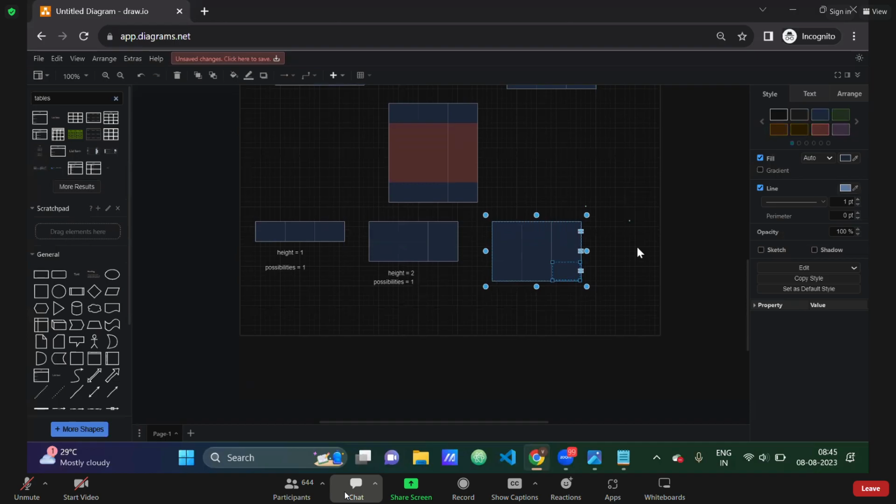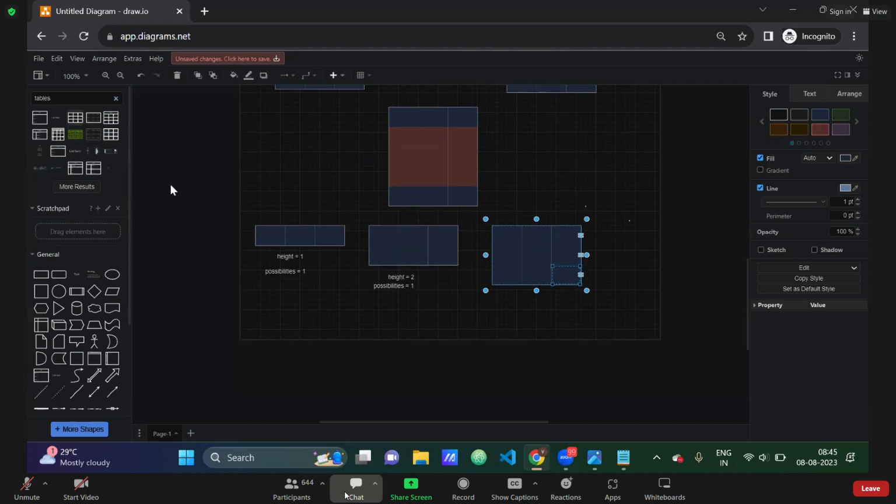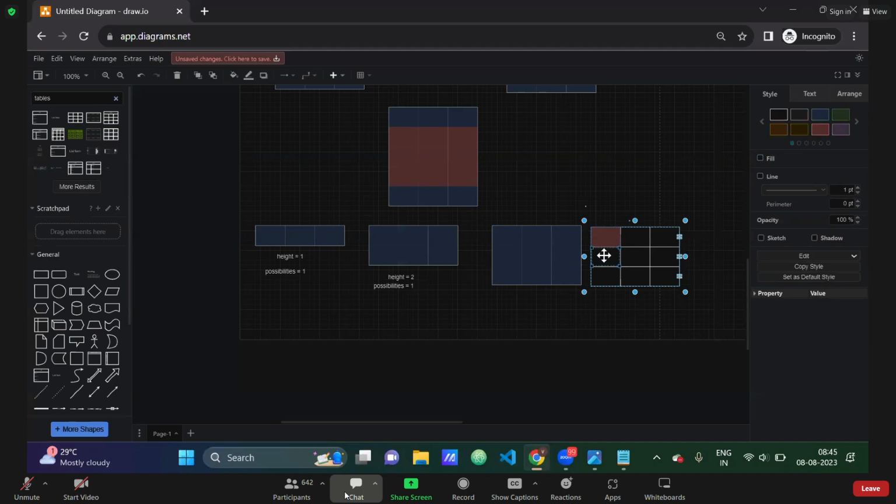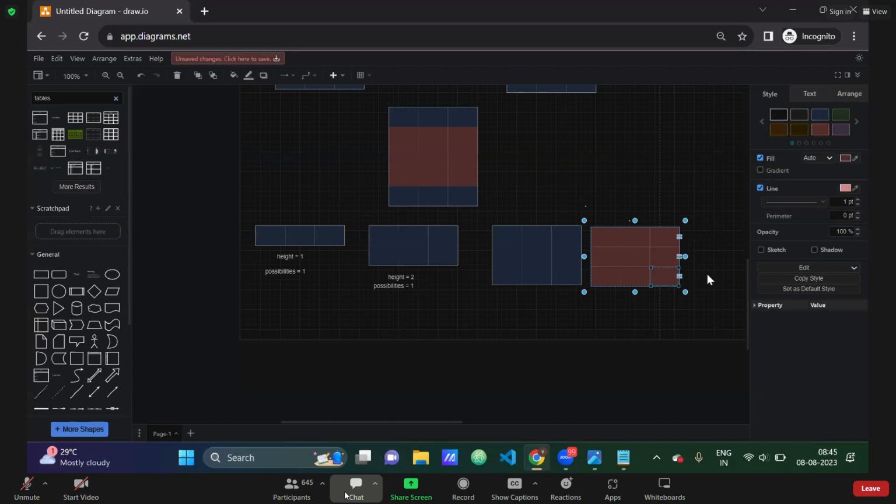All horizontal, one case. And then all vertical, one case.